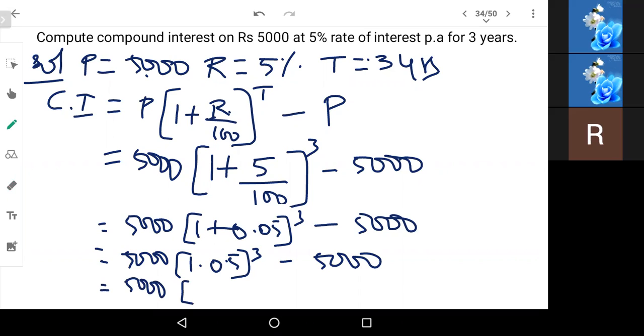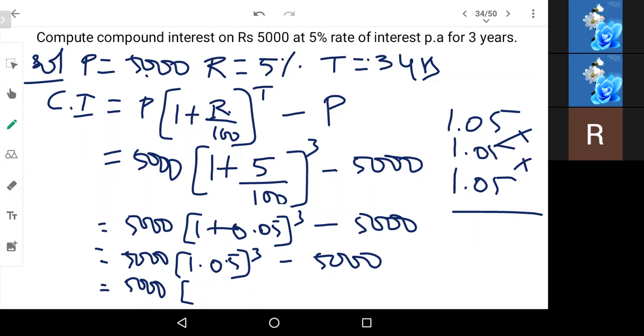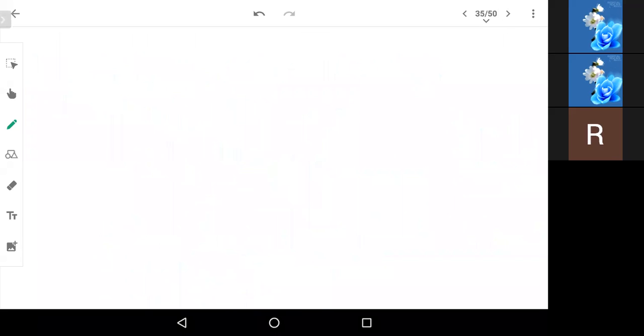1.05 to the power 3 minus 5,000. How much do you get? Multiply 1.05 3 times. 1.05 into 1.05 into 1.05. How much do you get? 1.157625 is the value, minus 5,000. Okay.